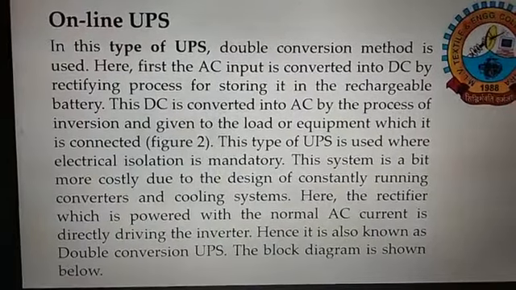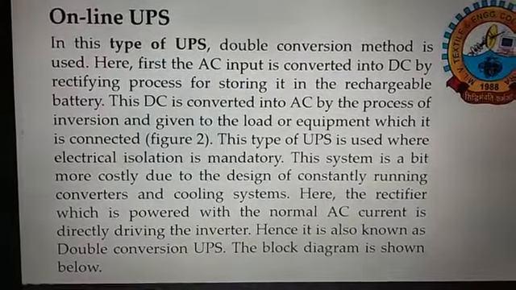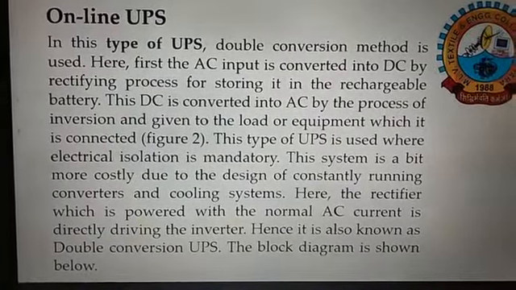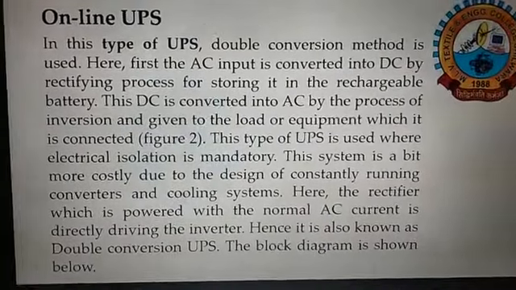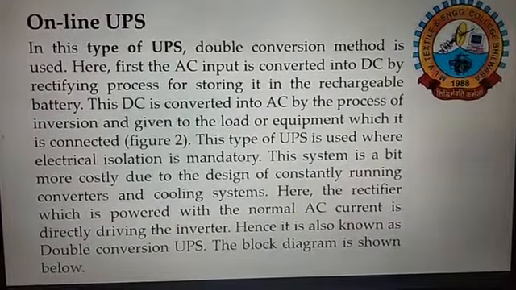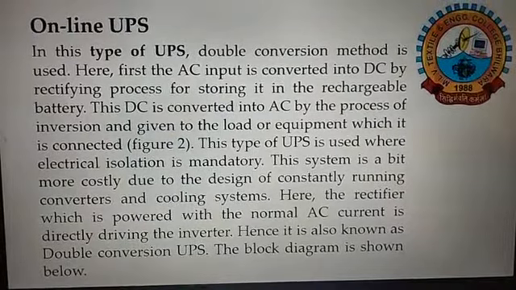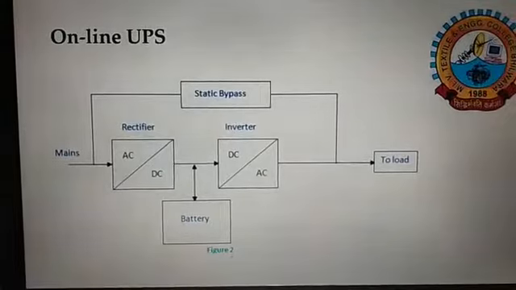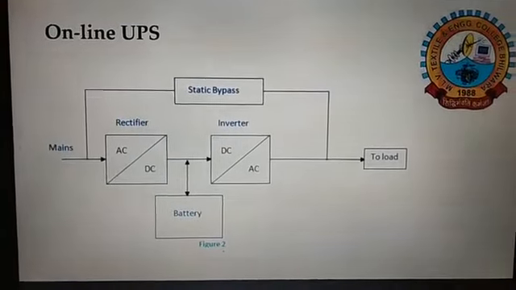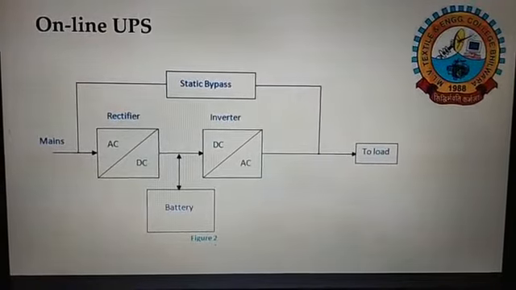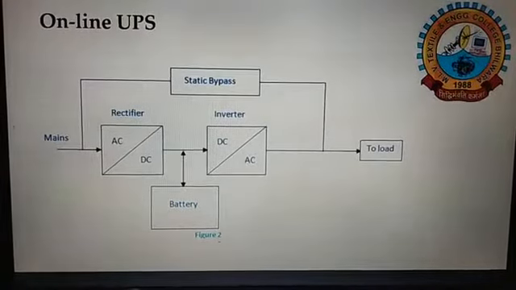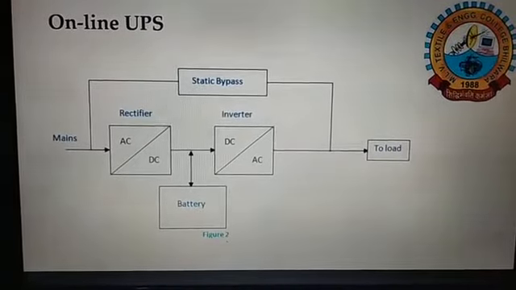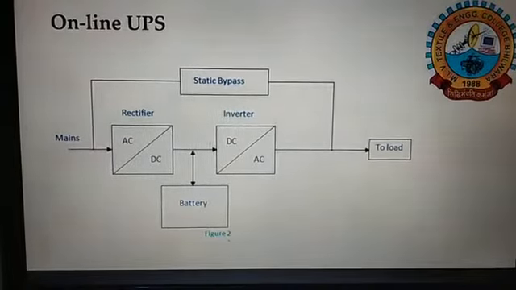Now let us see what about the online UPS. In this type of UPS, the double conversion method is used. First, the AC input is converted into DC by a rectifying process for storing it in the rechargeable battery. If you see the block diagram of online UPS, mains directly goes to the rectifier, AC to DC, and then it is connected to the battery, then the inverter, and then the load.